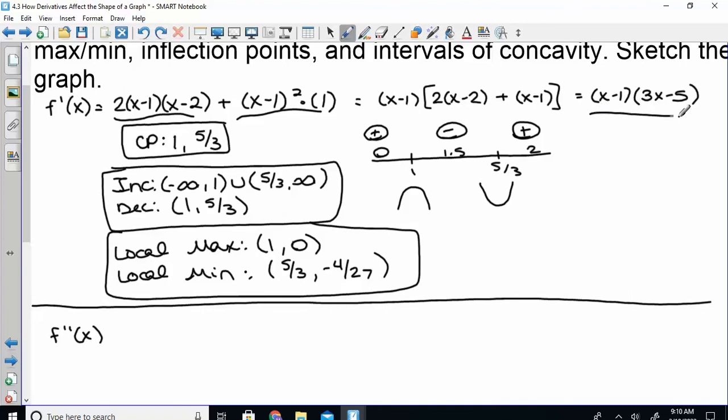Second derivative, I'm going to work it from here, but we'll have to do product. So derivative of the first, derivative of x minus 1 is 1, times the second, plus the first, derivative of the second. Derivative of 3x minus 5 is 3.